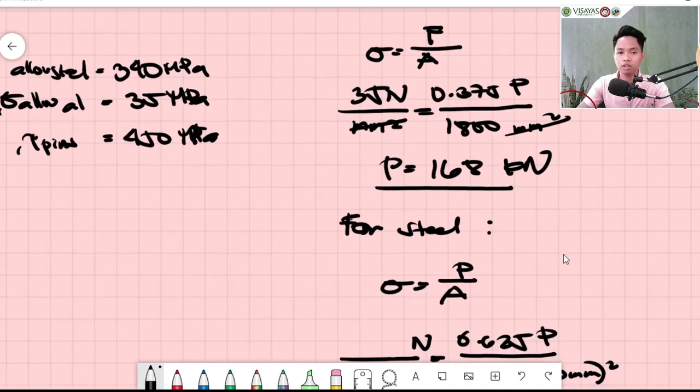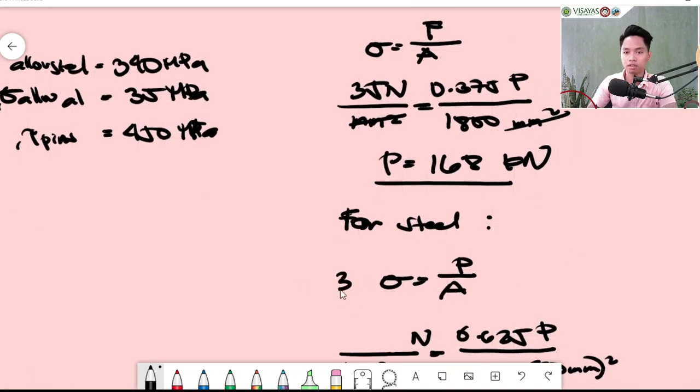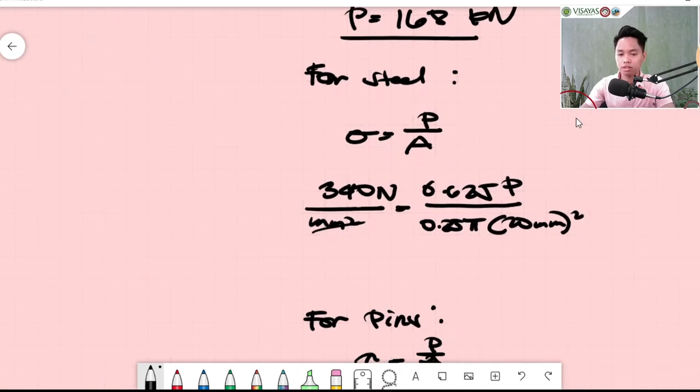For your steel, we are going to use 340. So 340 times 0.25 pi times 20 squared divided by 0.625.